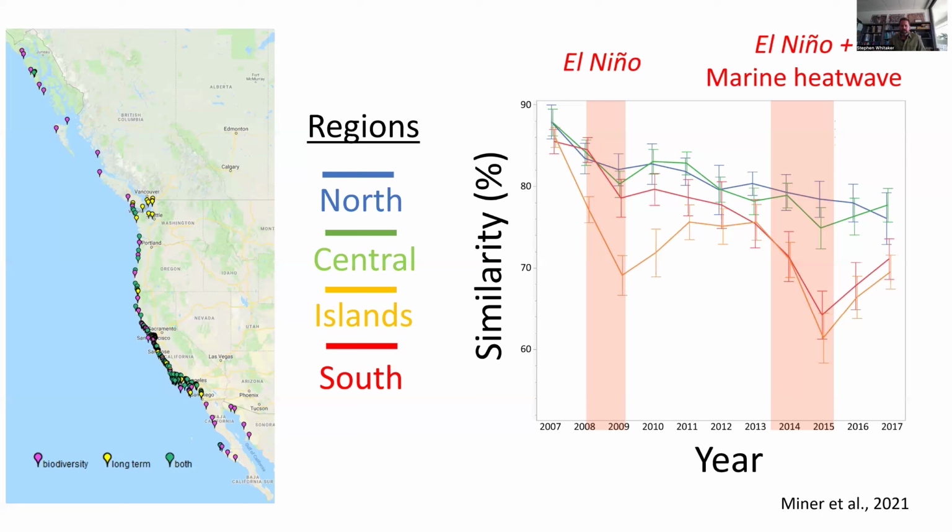But what really stood out to us was that the southern sites below Point Conception, which is basically everything south of Santa Barbara, have shifted the most during these warmer periods. The other thing that stood out is that these sites try to recover back to what we're calling the initial state, in this case, what the community looked like in 2007. They try to rebound, but then they hit another warm water period, and it brings them further down from where they were even during the period before that.